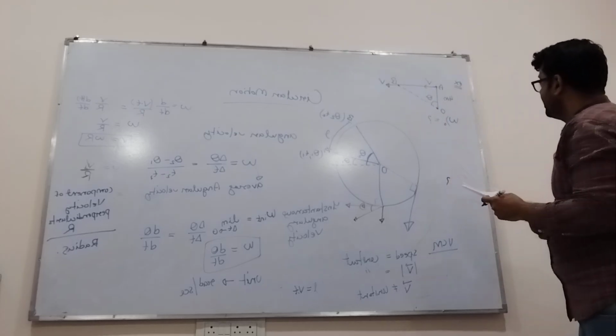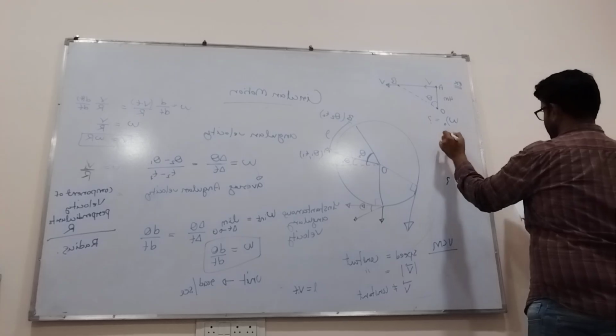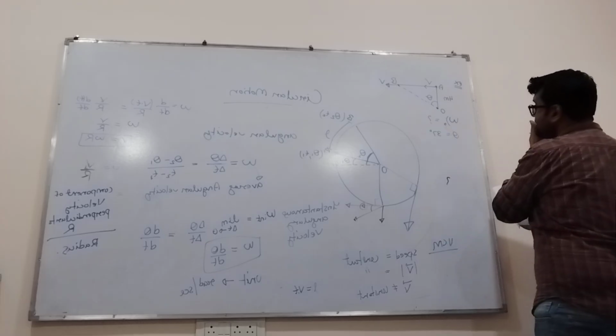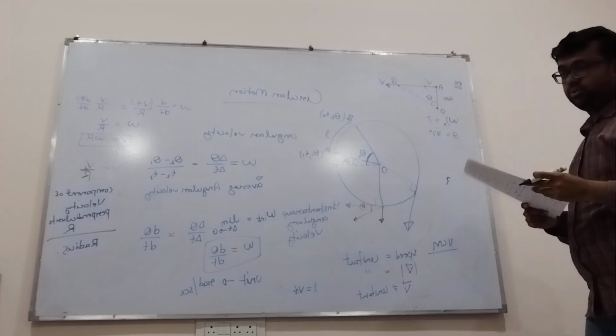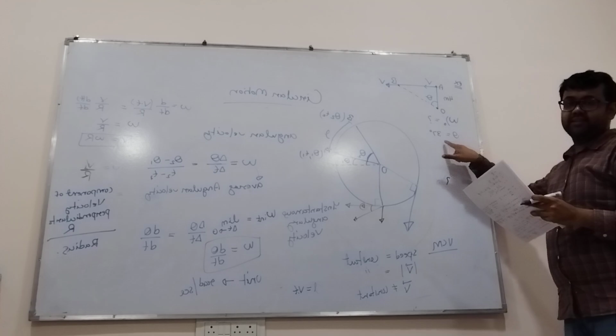See, you can take the theta value as 37 degree. So you can take the theta value as 37 degree.